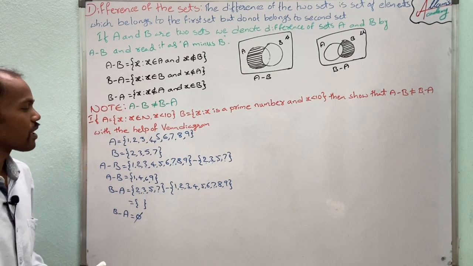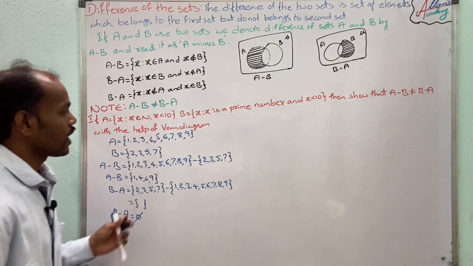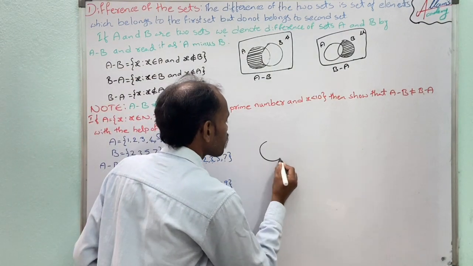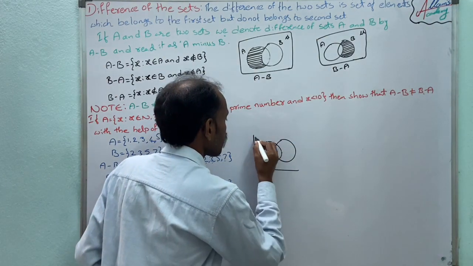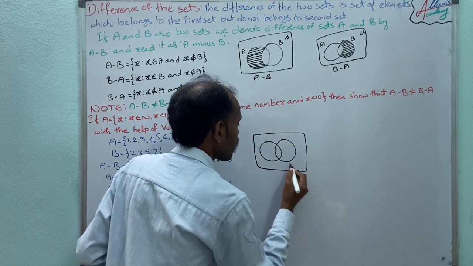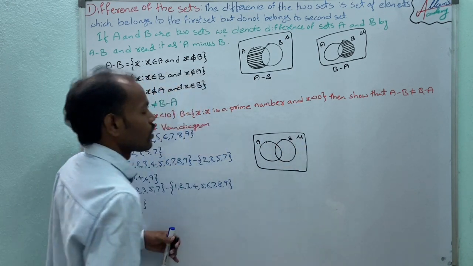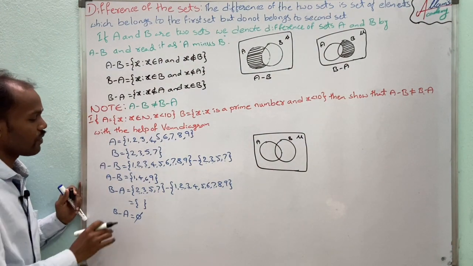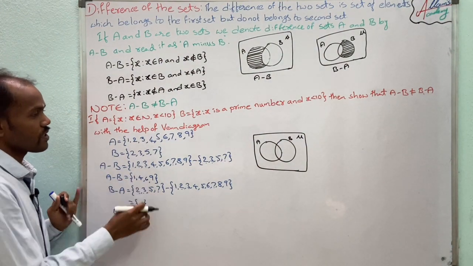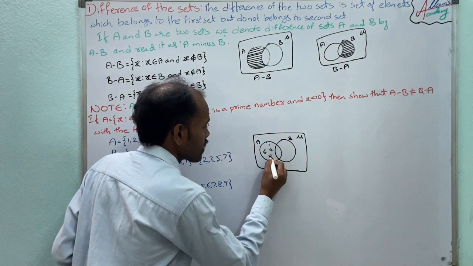Now we observe the Venn diagrams of A minus B and B minus A. After neglecting the common elements, the remaining elements only in the first set are 1, 4, 6, 9. So that will be written as 1, 4, 6, 9.